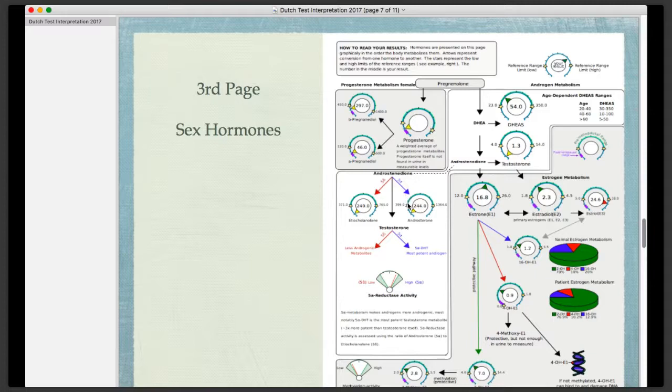And what's interesting is this test is so great for looking into the window of your body. But the 5-alpha reductase is the more masculine metabolism of these hormones, okay? So if you have a tendency to go in the more masculine direction, there are several complications of having more masculine testosterone.